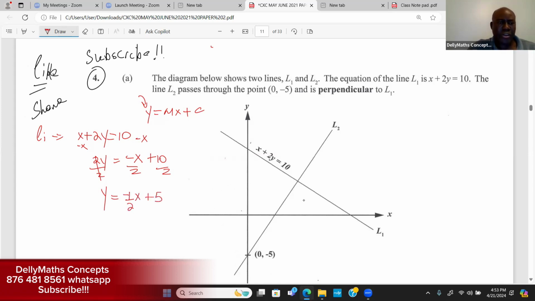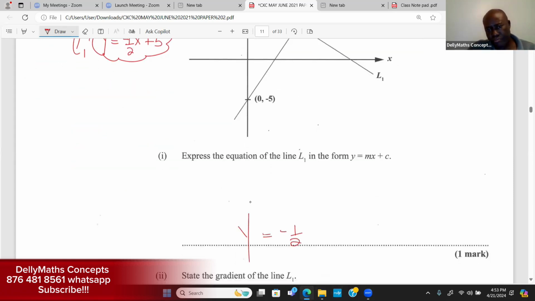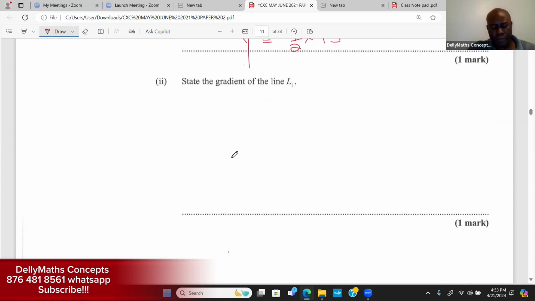This is the equation of L1 in that format. It's simply a transposition.